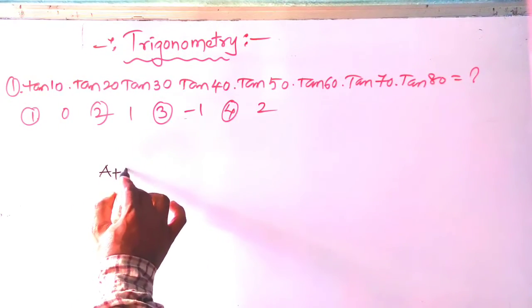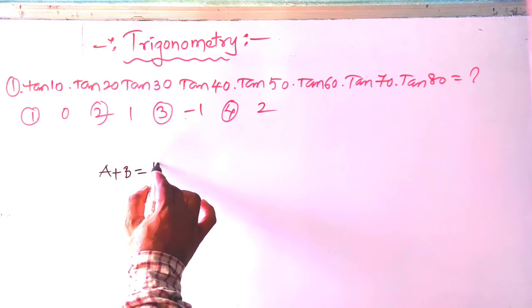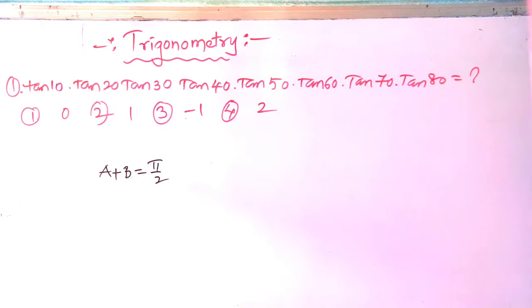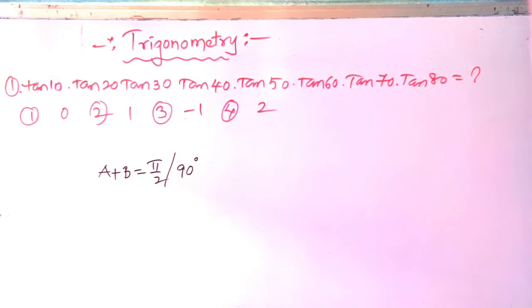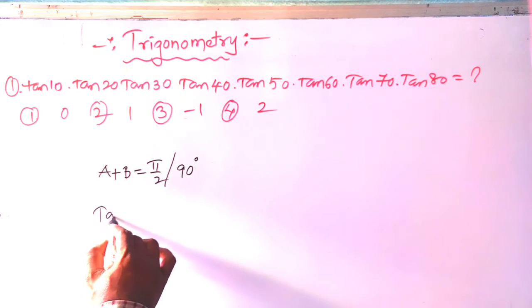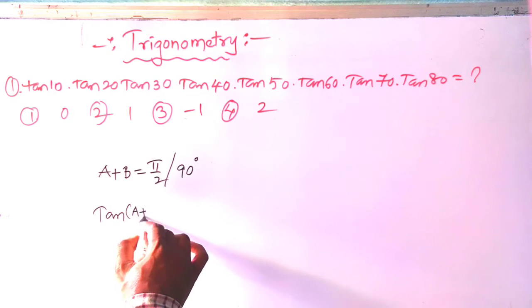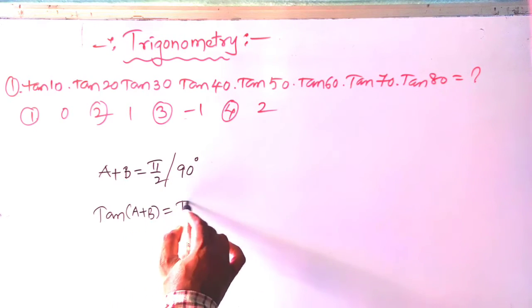First of all, A plus B is equal to pi by 2, that means 90 degrees. Then we apply tan on both sides. What we get here? Tan of (A plus B) is equal to tan 90.